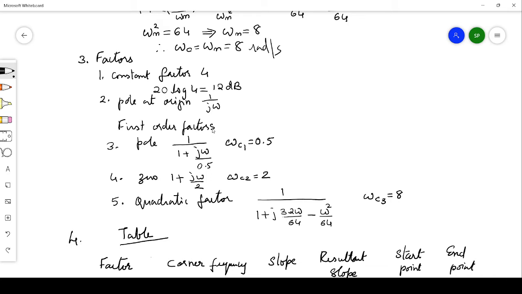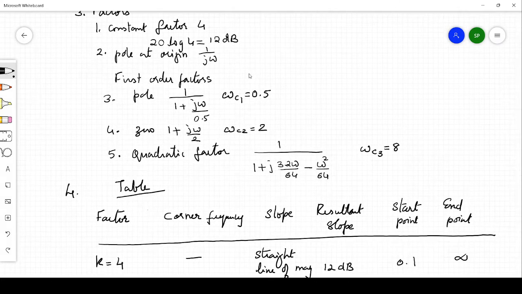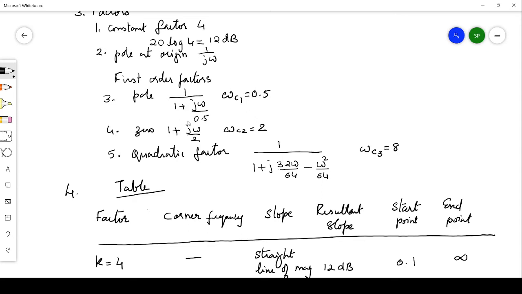Then a pole at origin is the second factor. We have another first order factor, a factor corresponding to a pole, that is 1 by 1 plus j omega by 0.5, with a corner frequency of 0.5.